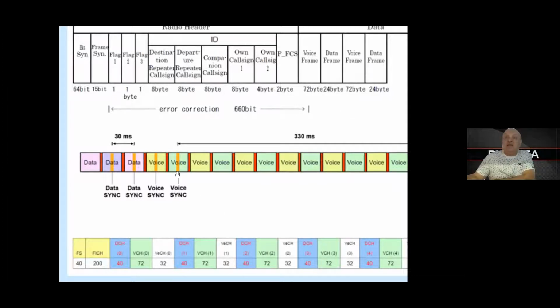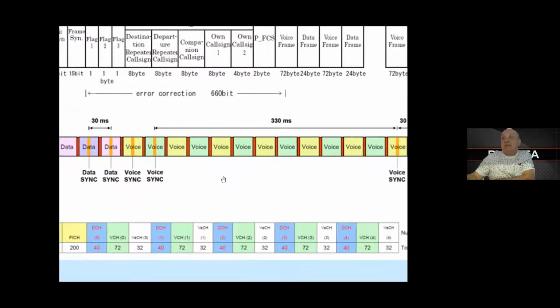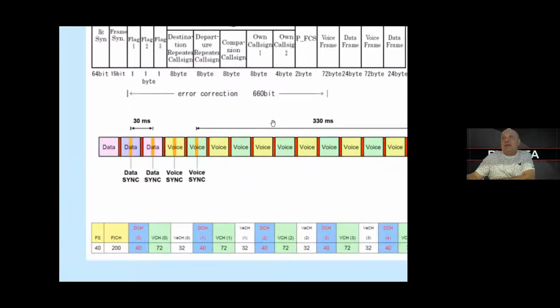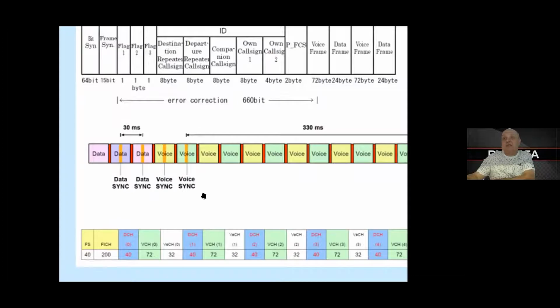It can send the GPS information, small text, etc. So where you have a sync up front in D-Star, you have it in DMR in every voice packet.